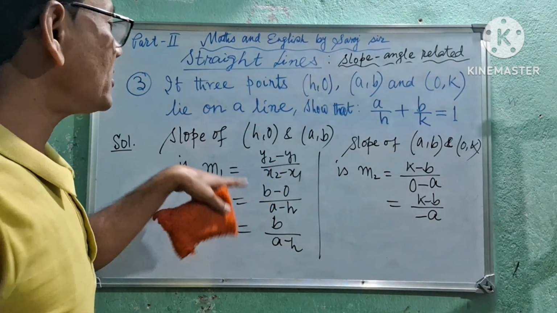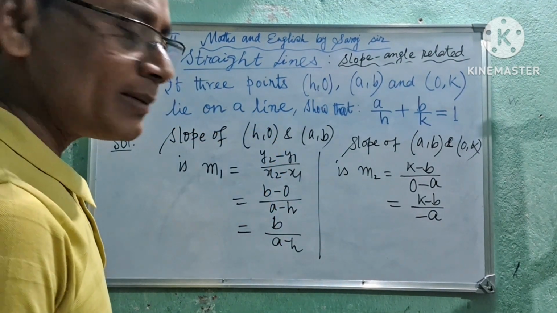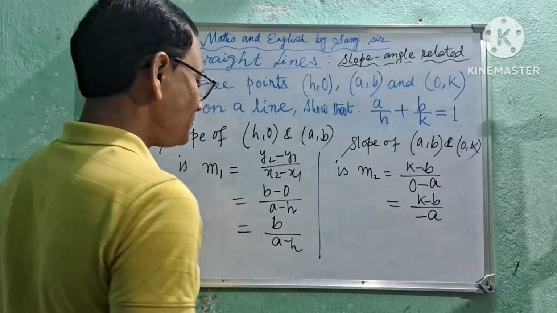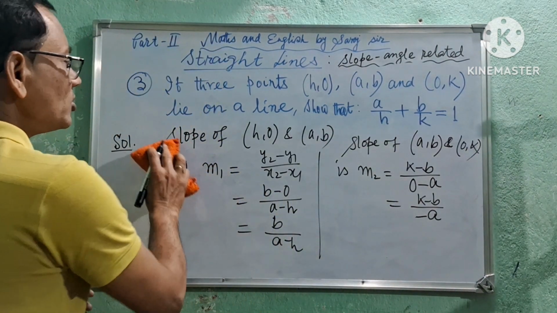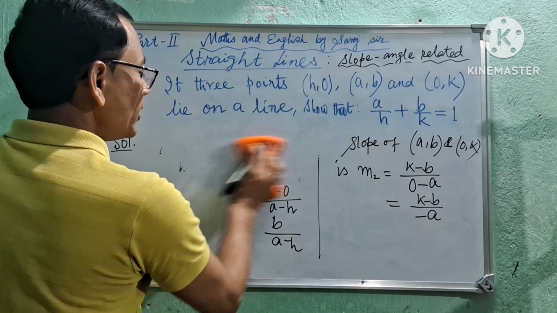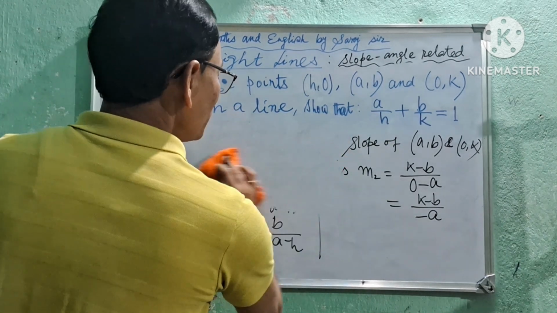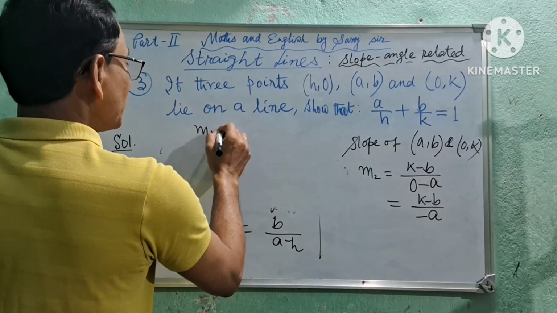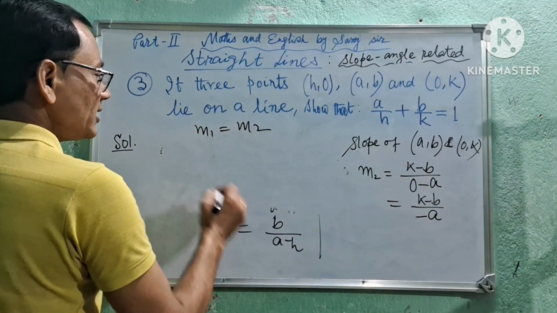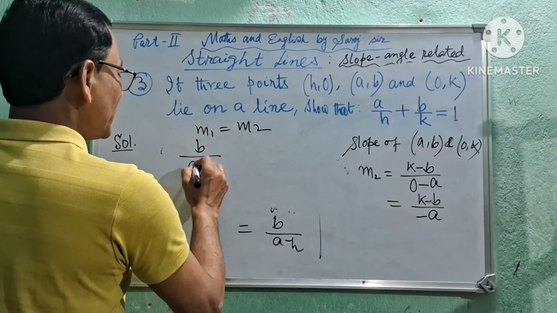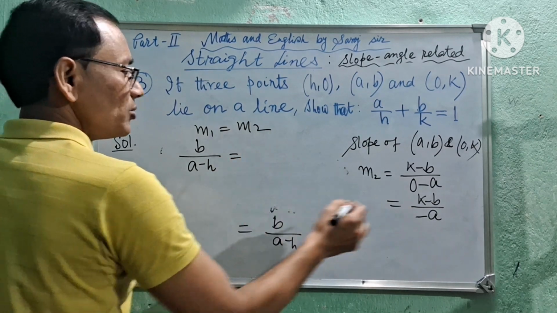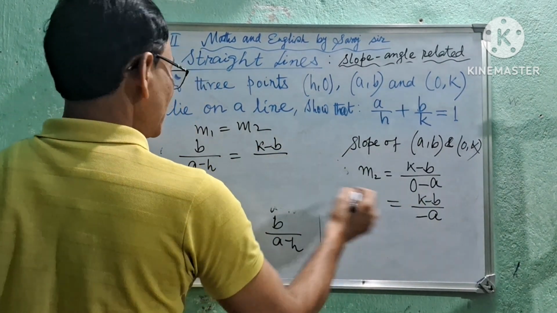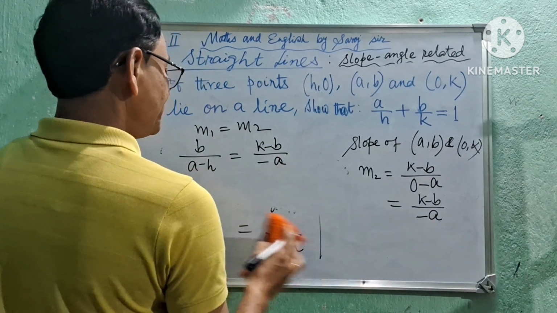Since we have already told that the 3 points are on the same line, slopes M1 and M2 will be equal. So we will equate both the slopes. That is, M1 is equal to M2, that is b upon a minus h is equal to k minus b upon minus a.